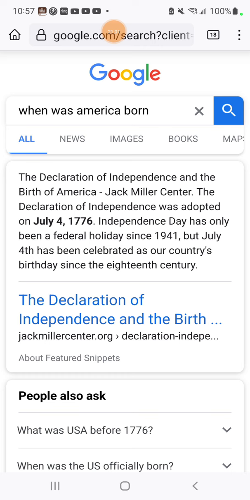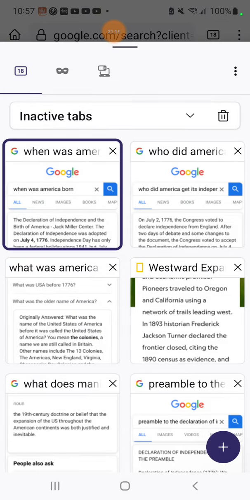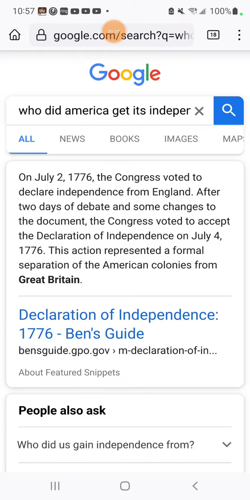The Declaration of Independence was adopted on July 4th, 1776. Independence Day has only been, matter of fact, let me go to the second one. But it's all still on point, though. You know? Let me go here. It says on July 2nd, 1776, the Congress voted to declare independence from England.